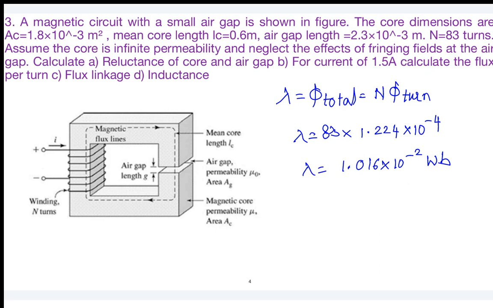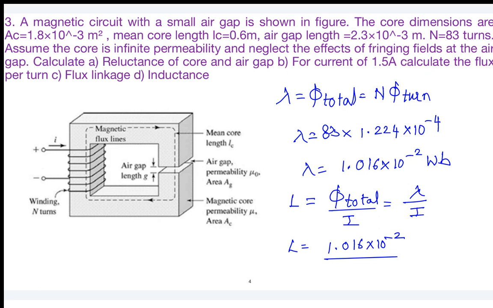Okay, next thing is the inductance. So what is the formula for inductance? The formula for inductance is the total flux divided by the current, which is the flux linkage divided by current. You can substitute that. The total flux linkage you got is 1.016 into 10 power minus 2, divided by the current passing through it, which is the same 1.5 ampere.